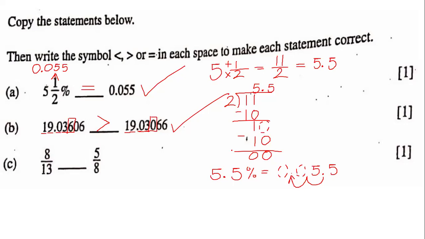Okay, so the first thing I'll do, I'll try to make them the same denominator. So what is the lowest common multiple between 8 and 13? 104.